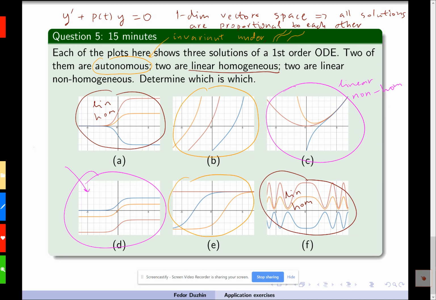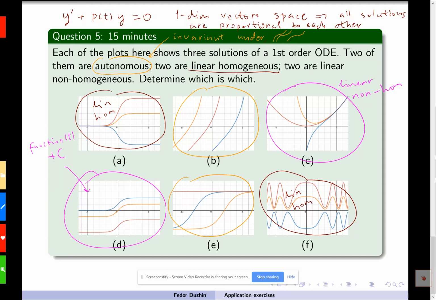Vertical translations of one another means that the general solution of D looks like some function of t plus a constant, and changing this constant, we get different solutions. But this is a very familiar pattern, right? This is just integration. When you do integration, you always add plus constant.